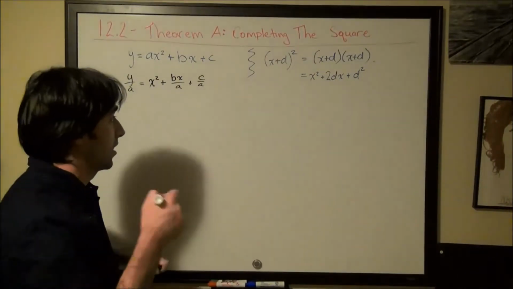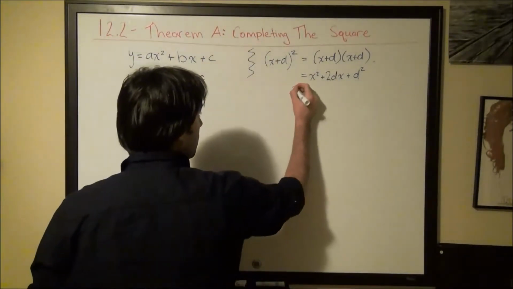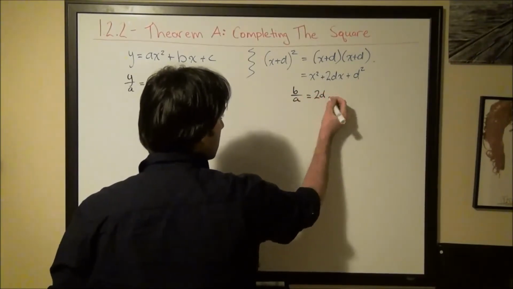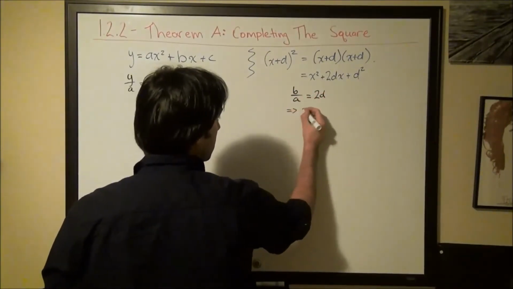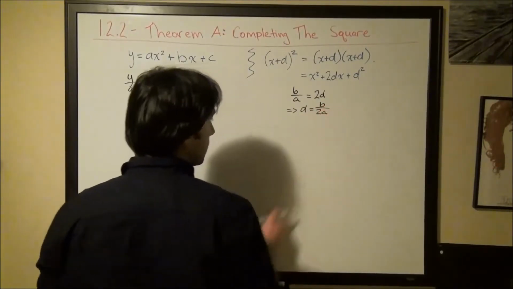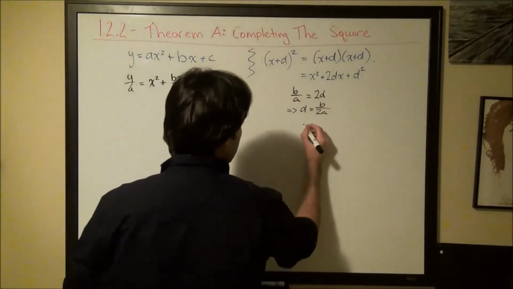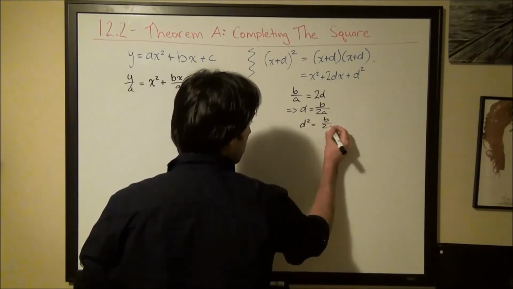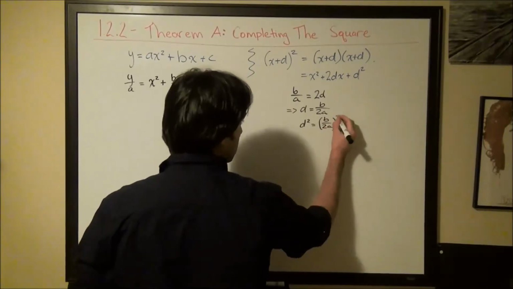So let's talk about that here. We'll say b over a has to equal 2d. Therefore, we require d is equal to b over 2a, and d squared is equal to (b over 2a) squared.